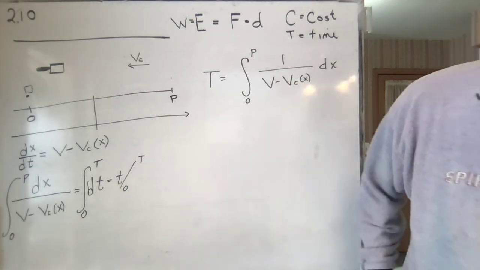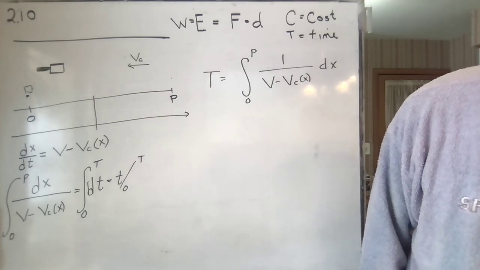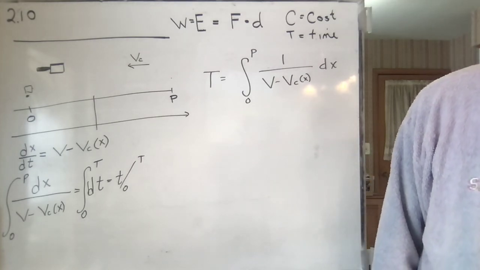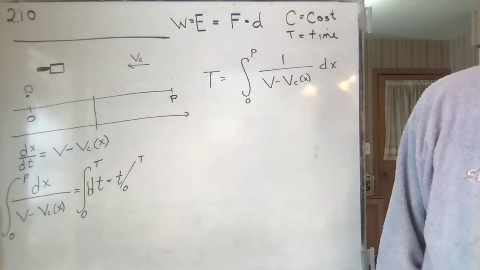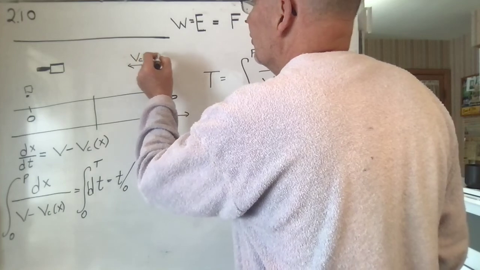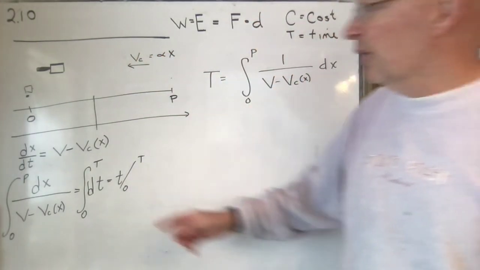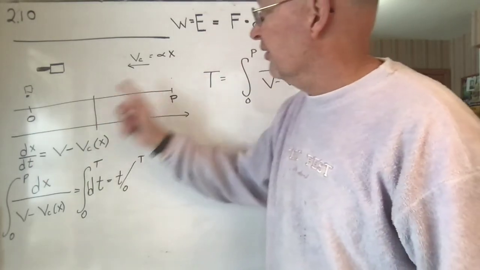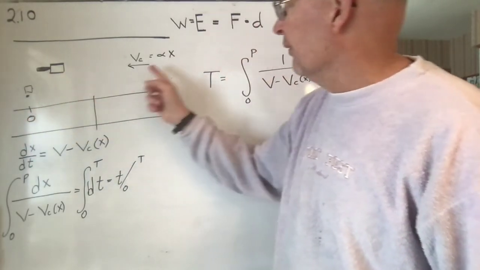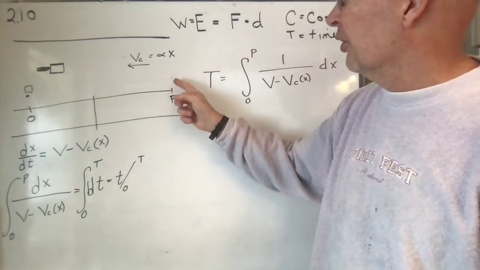So at this point, notice in the problem on page 37, number 2, it says, suppose you are going upstream in a current where vc is equal to some constant alpha times the position x. So as you go down this river, the current just keeps getting faster and faster as you go.